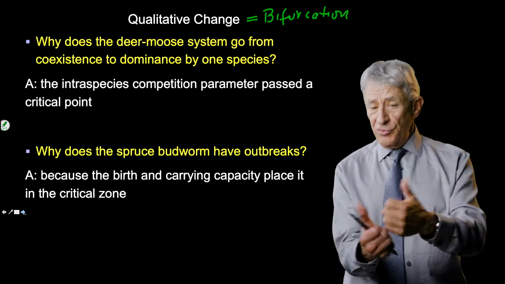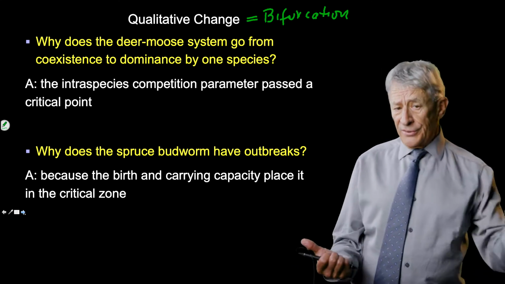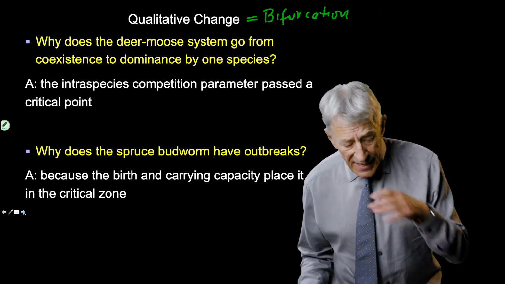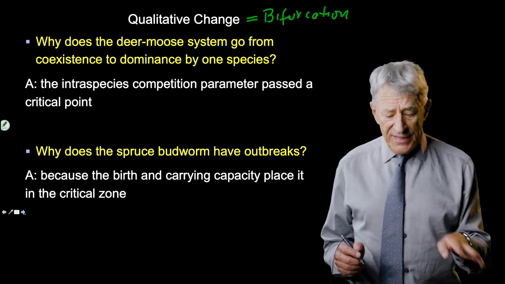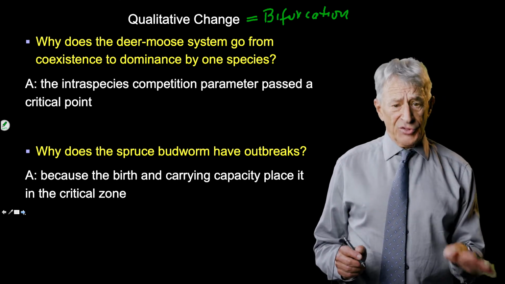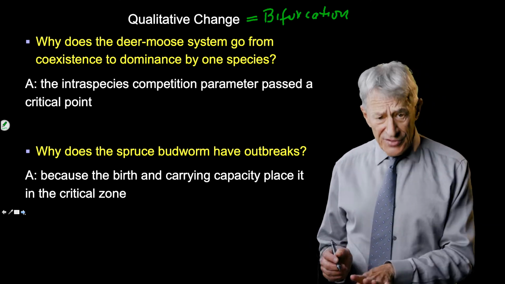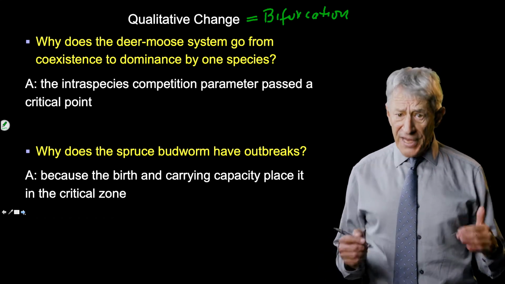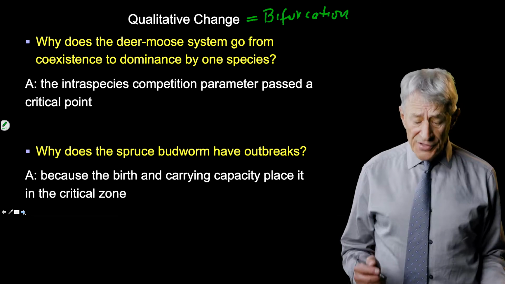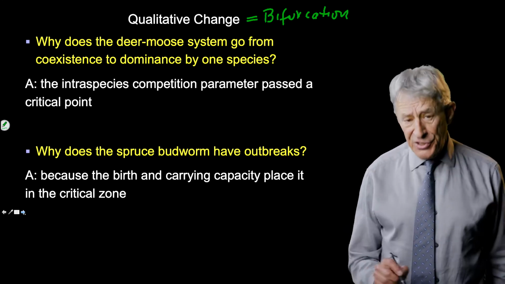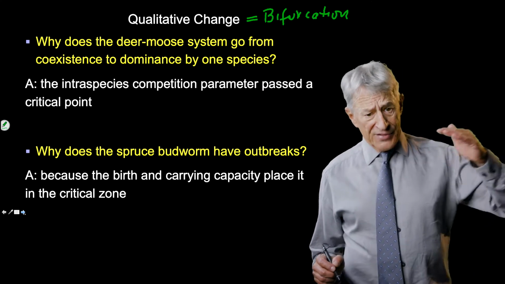You now get two new stable ones, which is all deer, no moose, or all moose, no deer. But if I ask you the question, why does the deer-moose system change from coexistence to no coexistence, there's an answer. And the answer is the bifurcation theory answer, which is that the reason why that change happened was because the intraspecies competition parameter passed a critical point.